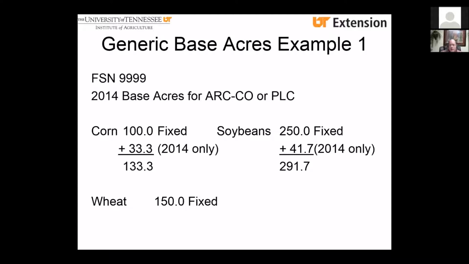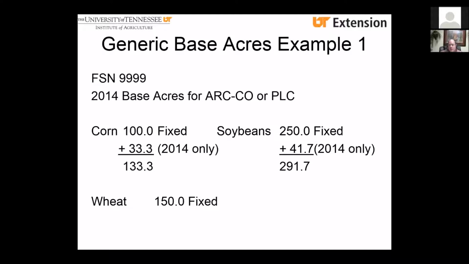So let's look at what the new base would be. For corn, we would have the 100 acres that we already had. That was a fixed base, a 100 acre corn base. We add to it the 33.3, and that's just for, in this example, 2014 only, because that's based on the planted acres. So our new payment base for corn is 133.3.